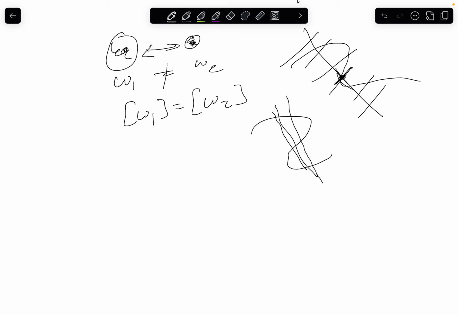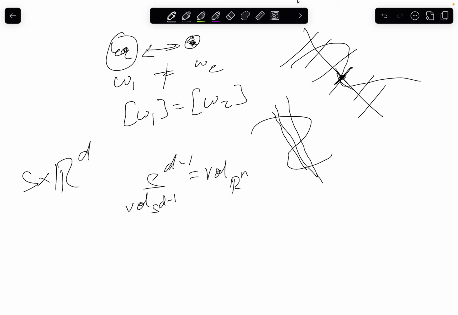Okay, so first off, let's do this construction for if we just have S cross R to the power of D. So what do we do here? Well, we saw that if we have a sphere of dimension D minus 1, then we have the volume form of the sphere. We saw how to construct this. This is equal to the volume form of R to the n with the normal vector first, and then the rest of the vectors as inputs.